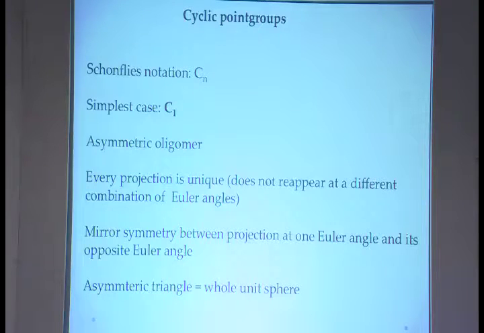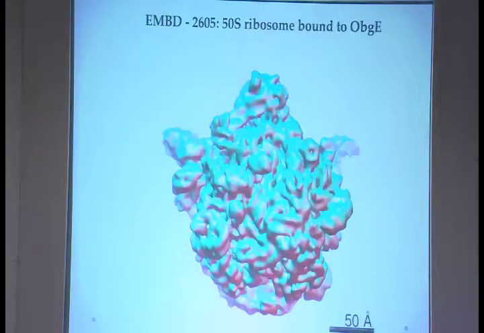You're not getting the same projection back at different orientations. And there is mirror symmetry between a projection at one Euler angle and its opposite Euler angle, so you would be able to locate the symmetry. And the asymmetric triangle takes up the whole unit sphere. So what I was saying is that you would require a lot more data.